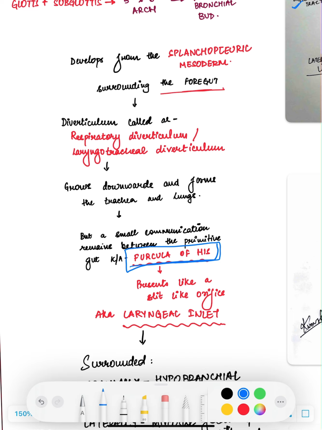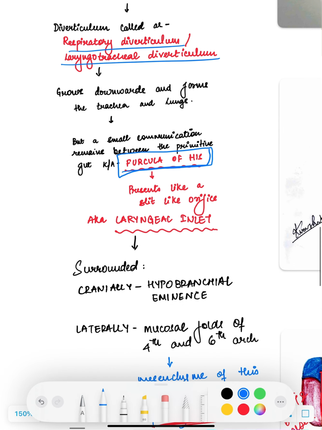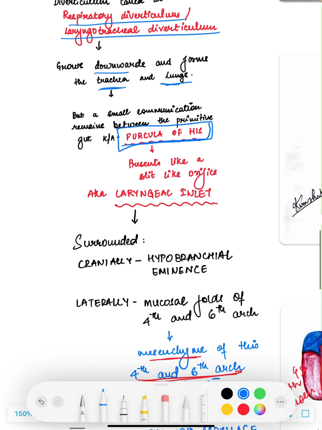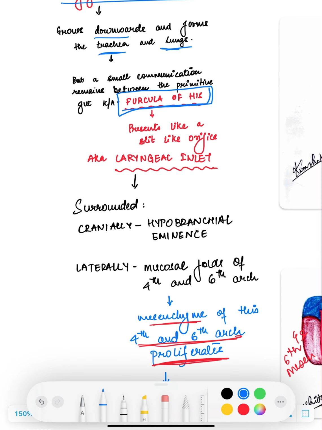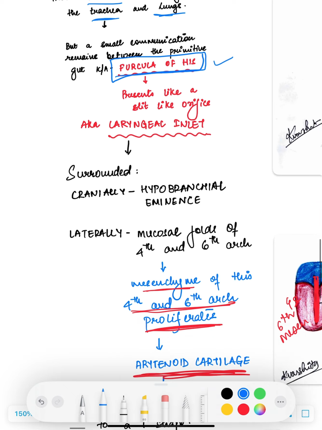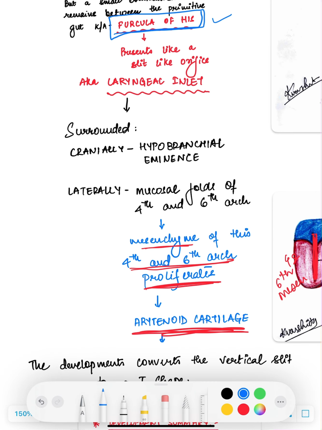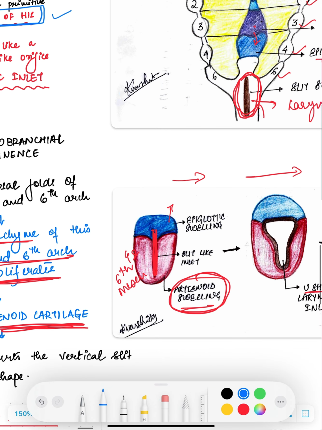Okay, a diverticulum called the respiratory diverticulum or laryngotracheal diverticulum grows downwards and forms the trachea and the lungs. We discussed about it. But a small communication remains with the primitive gut, which is known as the furcula of His. I already talked about it. It presents like a slit-like orifice, which is called the laryngeal inlet. So this is basically the laryngeal inlet, which we talked about.